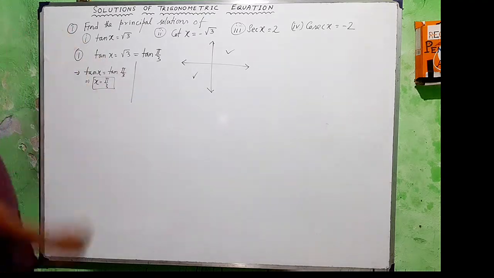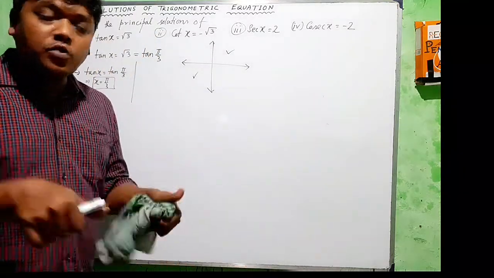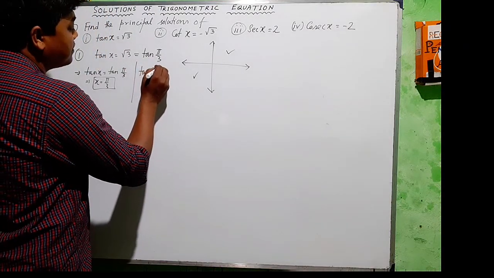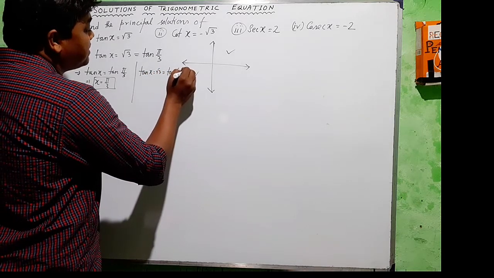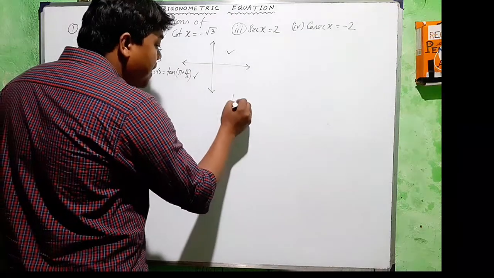And another part is that I have already said tan is also positive in the third quadrant. So tan x equals root 3. So clearly you can say tan of pi plus pi by 3, that means tan of 2 into pi by 2 plus pi by 3.